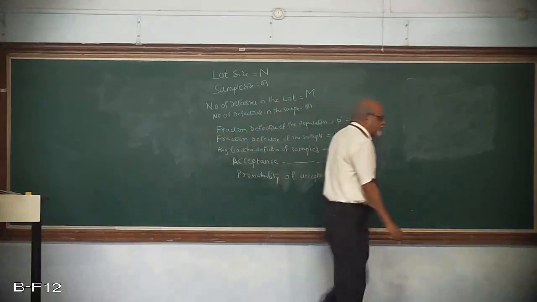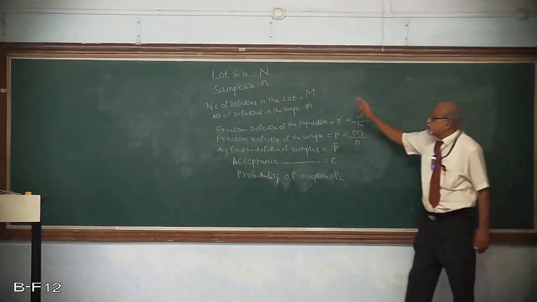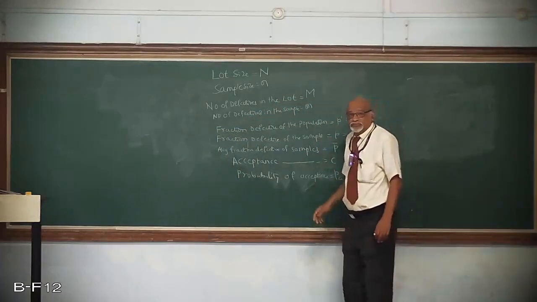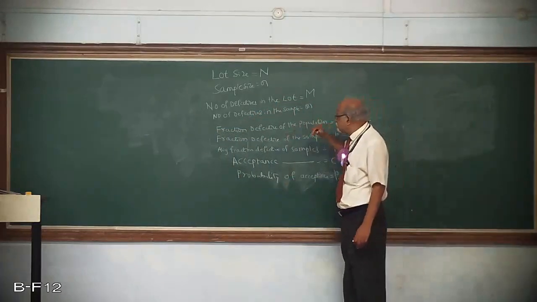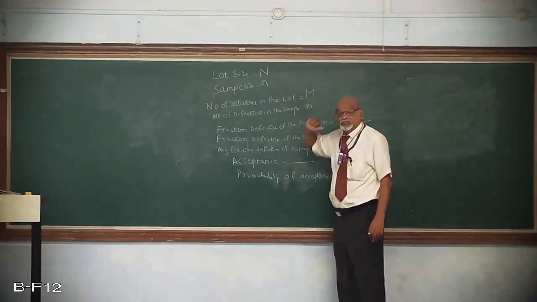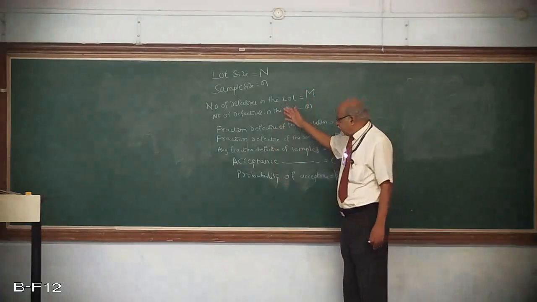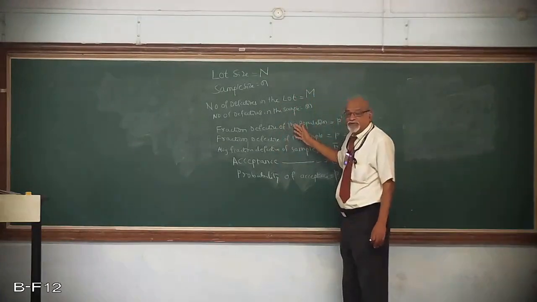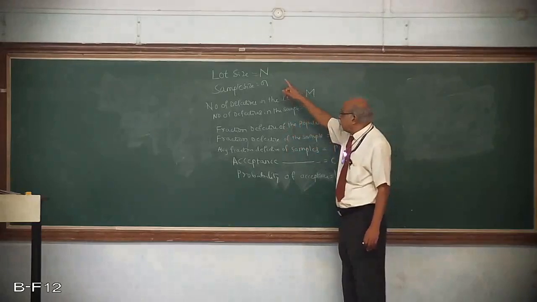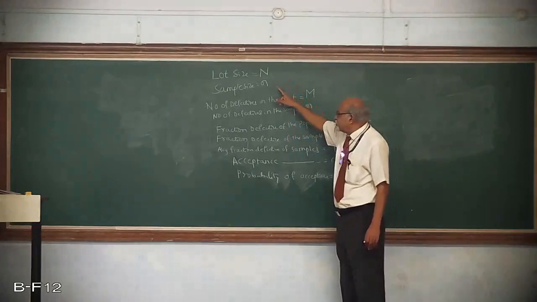What is the probability that the lot will be accepted? Based on what? Based on the sample. That is why we talk about that. So, these things are to be defined. What are to be defined now? Important. Based on the lot size, we will decide the sample size.